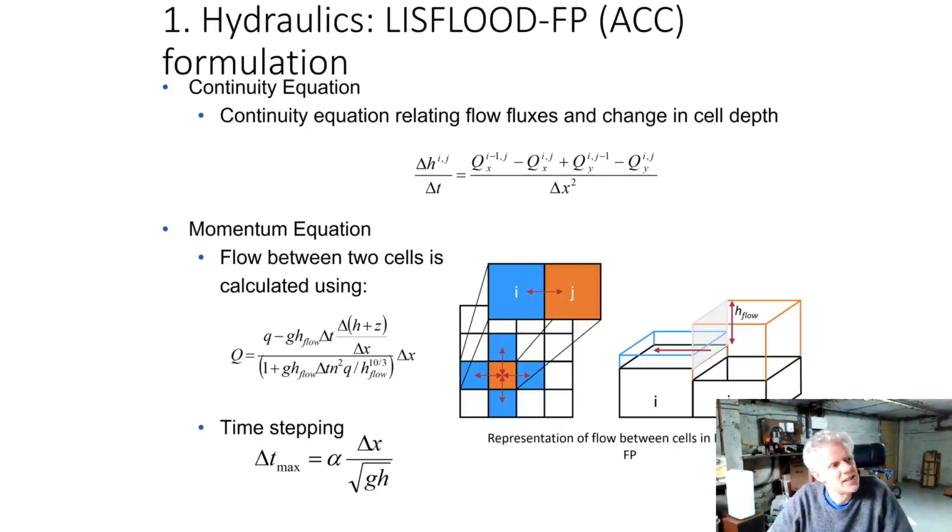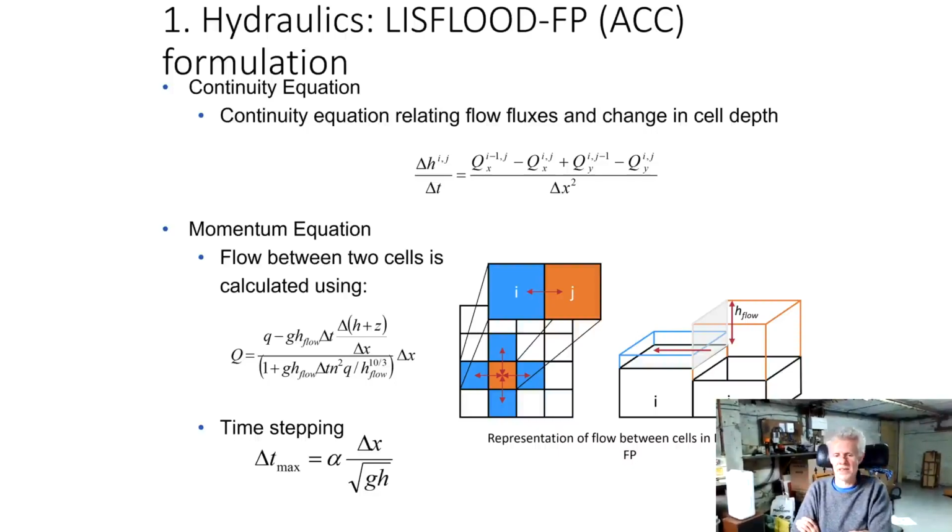The easiest way to describe this is it's not a full-blown 2D solution to the Navier-Stokes equations. It uses a sort of empirical approach. It kind of works Manning's equation in 2 directions at the same time. It's probably the best way of describing it.